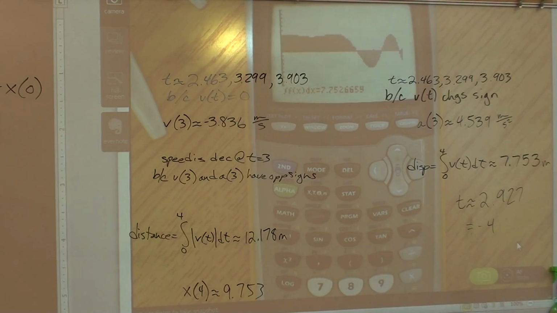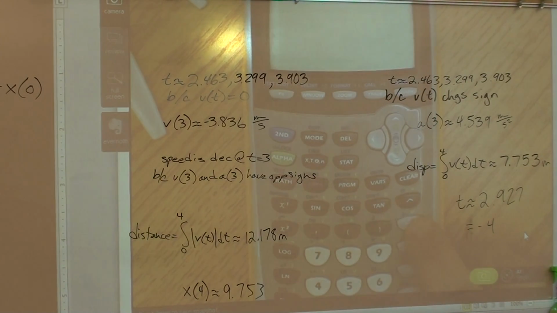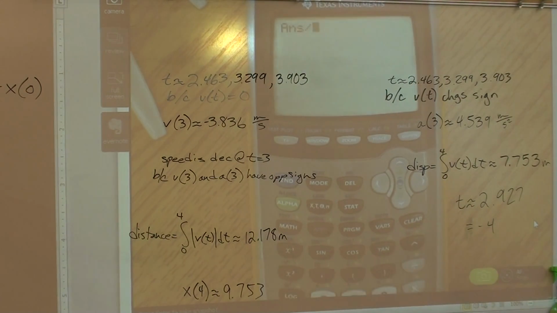If I need to divide this by 4, you know how on the main window you can just hit divided by and it'll pull the answer down? It does that from the graphing window as well. So if I just hit divided by, it'll pull the answer from the graph window, and just hit divide by 4 and it'll just do it.